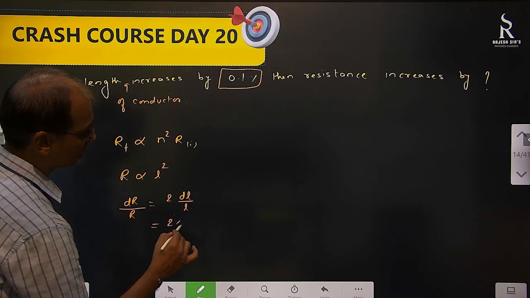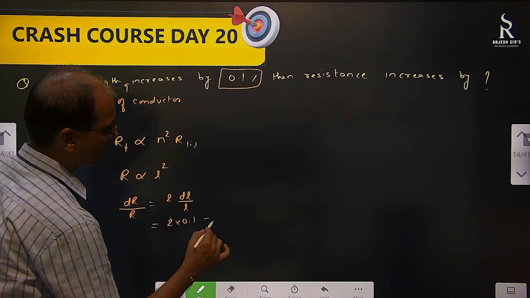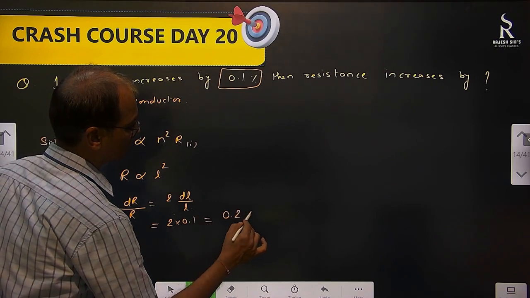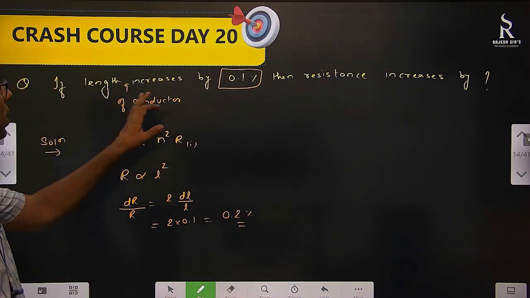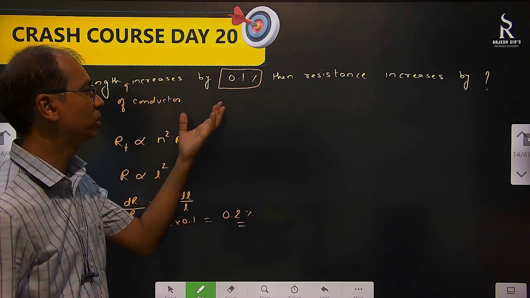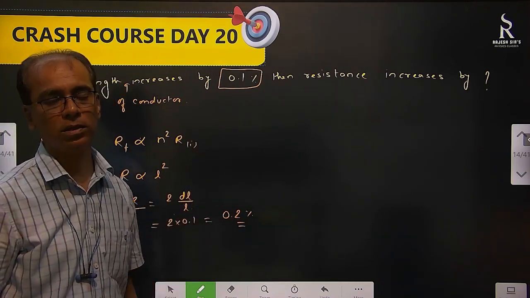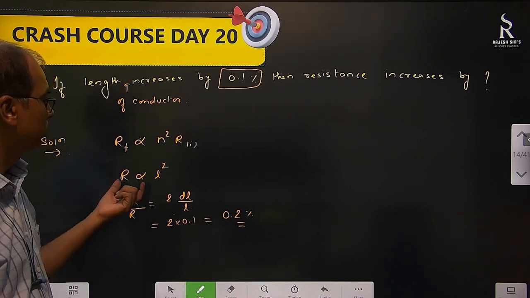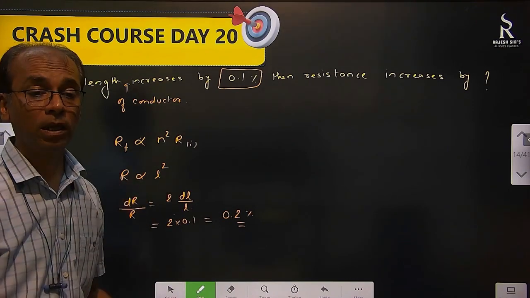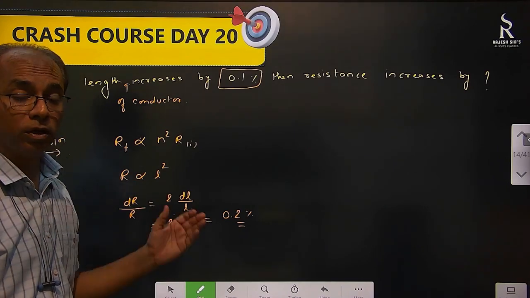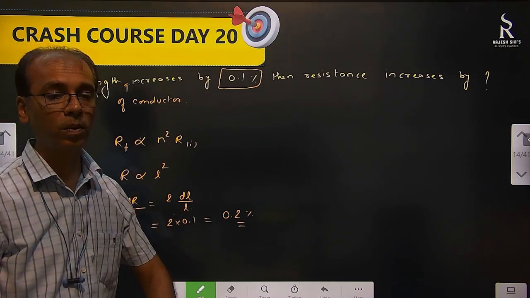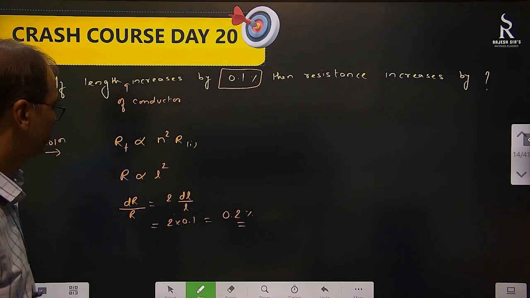Here percentage change in length is 0.1%, so resistance changes by 0.2%. If length increases or changes by 0.1%, then resistance changes by 0.2%, because the relation is like this. If you decrease the length, then similarly it decreases.